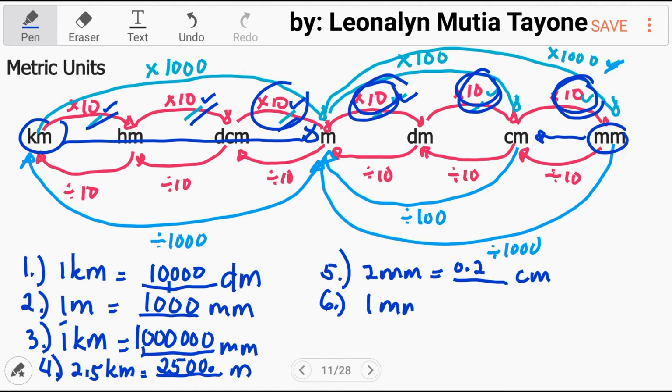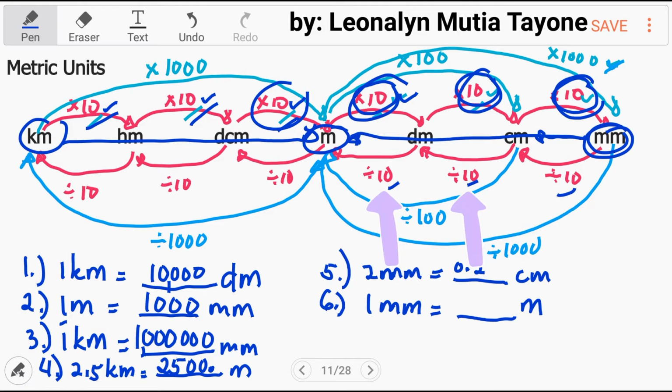Number 6 example. 1 millimeter to meter. From millimeter again, going to meter. Divided by 10 times 10 times 10, and that is 1,000. So divided by 1,000. So 1 divided by 1,000, and that is equals to 0.001 meter.